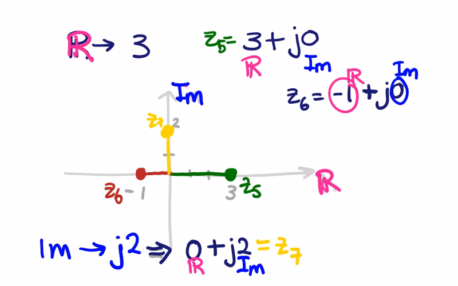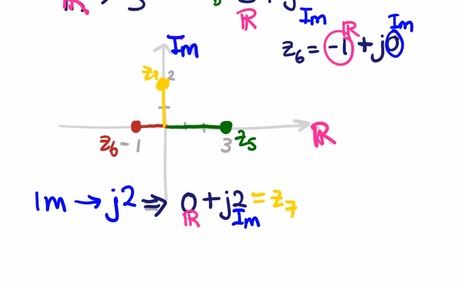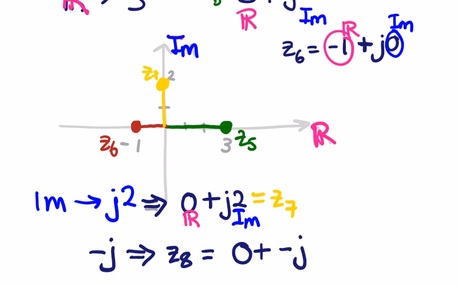And the last example, again just a plain imaginary number. If we had negative j, let's call that one Z8. Negative j has no real part, so we would call 0, and we would add the imaginary number, which is negative j. We don't need those two signs, we only need the negative in front of j. So what would we say here?